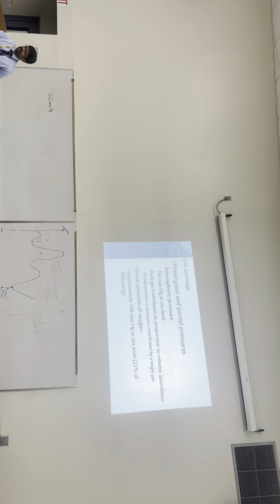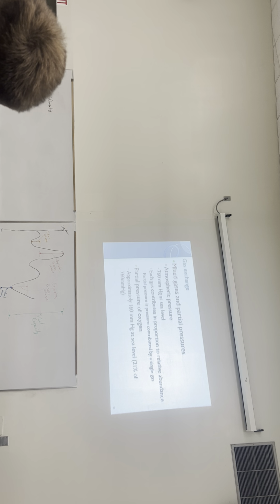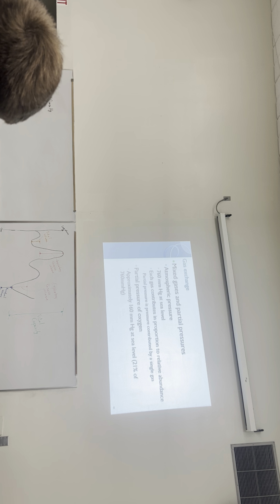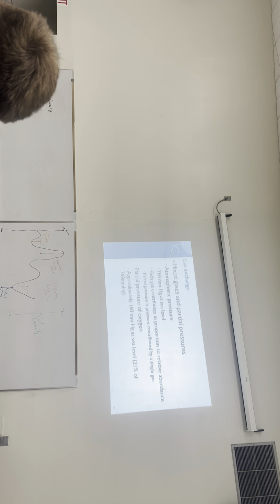Roughly about 160 comes out with calculations, if somebody wants to do that. It's about 158 or 159. A nice round number is 160: 0.21 times 760. Right? This is the partial pressure of oxygen in air.